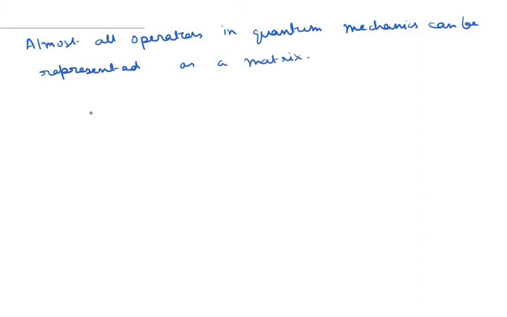So let us call an operator T. T can be represented in terms of a matrix in the bracket notation, and we'll see how to calculate the elements of T. Now let us say that we represent this integral, from minus infinity to plus infinity, or let us say the integral over the space which we are considering. It might not always be minus infinity to plus infinity, but we are writing it in a generalized form.